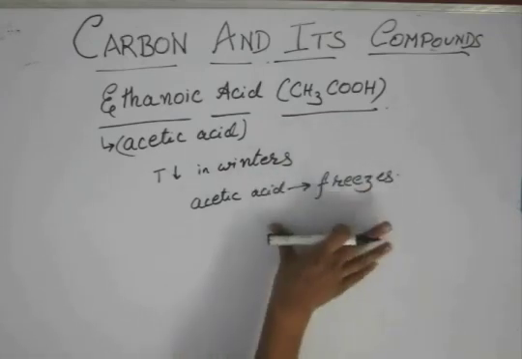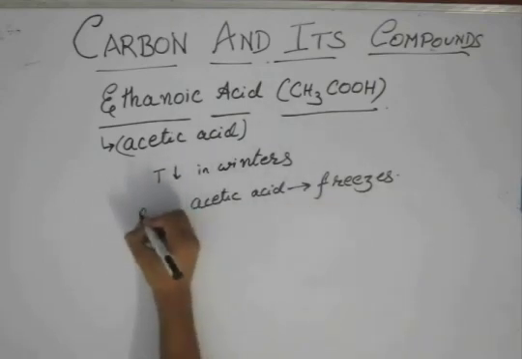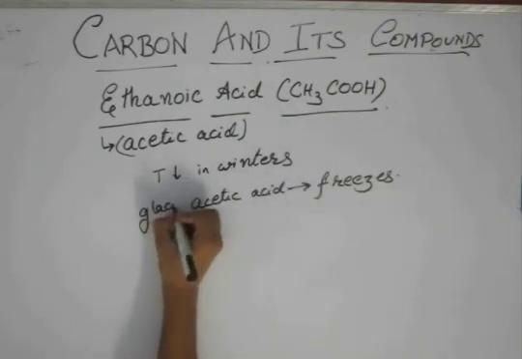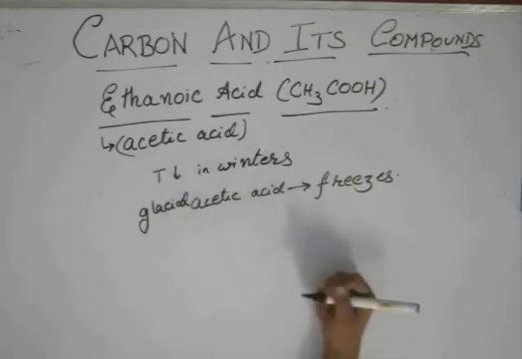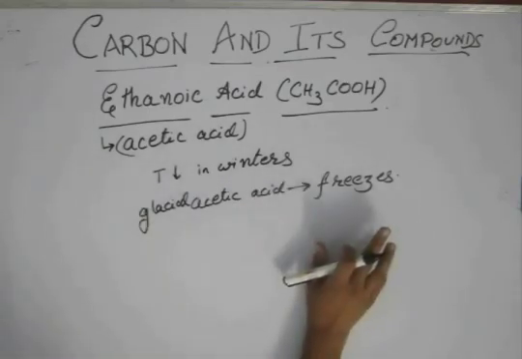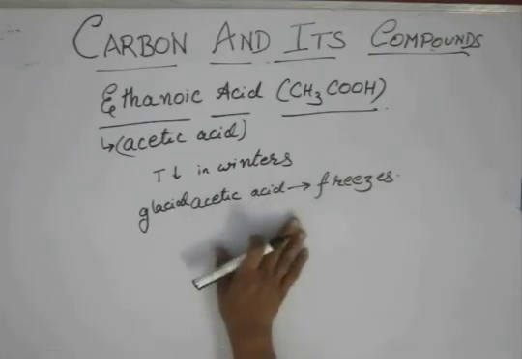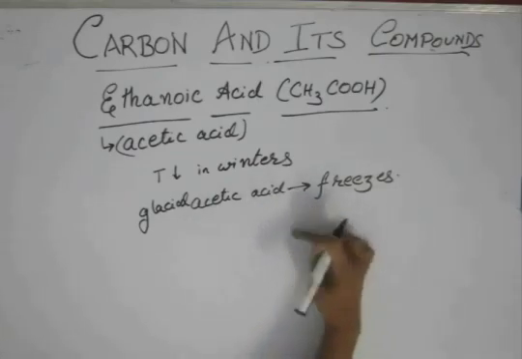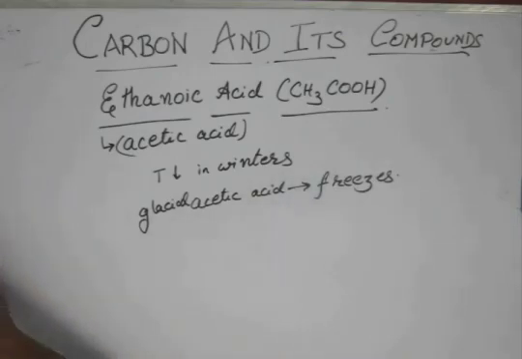And because of this property of acetic acid, it is also called glacial acetic acid. So you can imagine how low the melting points and boiling points of the other carbon compounds will be. This is one of the highest melting points and boiling points of organic compounds.